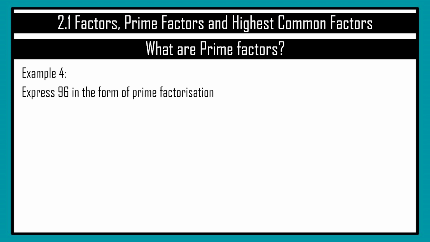You can pause the video and try. Let's try with factor tree. See if you can get the prime factorization for 96. Okay, pause this video if you need to, and then come back for discussion.